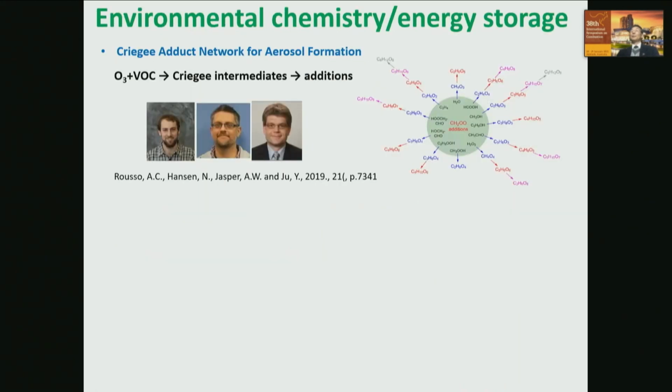And more importantly, the recent collaboration between us and Niels Hansen and Aaron Jasper at Sandia showed that the ozone reaction with unburned hydrocarbon VOCs creates this Criegee intermediate. And this Criegee intermediate can insert into different molecules, like water, acid, formaldehyde and alcohols, and make that molecule bigger and bigger and bigger, and eventually form a particle like aerosol.